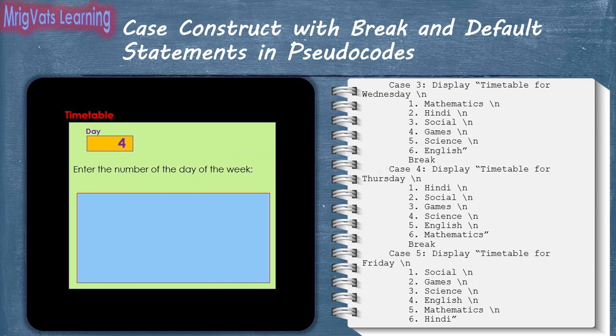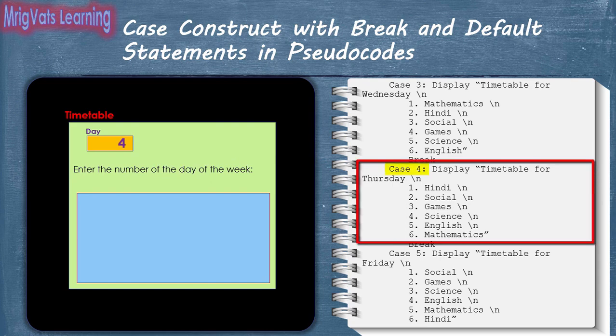In this case, the user has entered 4 as the value. As a result, the control moves to case 4. The case 4 statement is similar to a label which is used to move the control of the program to that location. It does not have any further effect on the input or output of the program. When at case 4, the display statement is run and the program writes the text "Timetable for Thursday \n 1. Hindi \n 2.